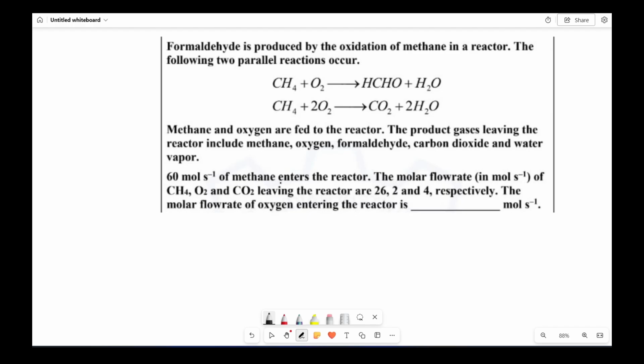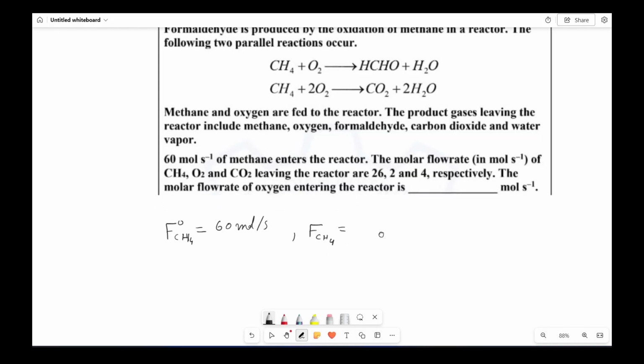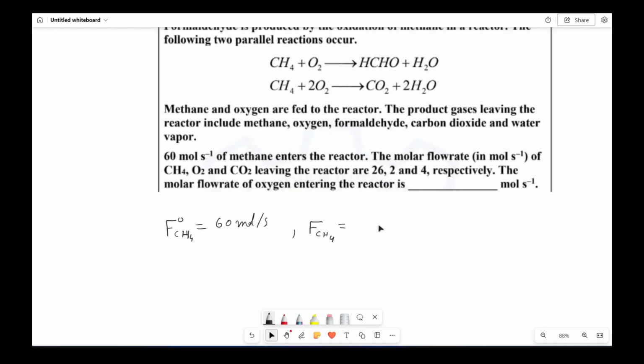So in the question it is mentioned that the flow rate of CH4 naught, where naught is described as the initial value, is 60 moles per second, and also the final methane, FCH4, which is the notation for final CH4 in the system, is 26 mole per second.